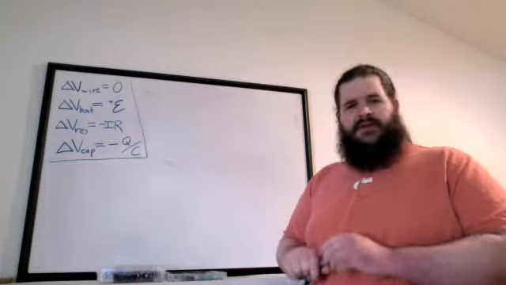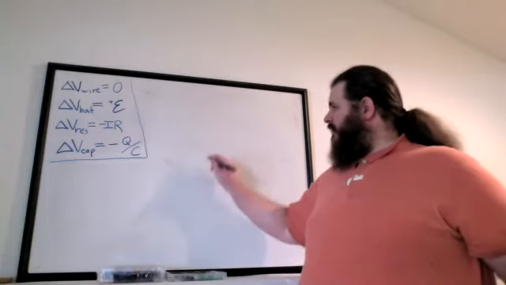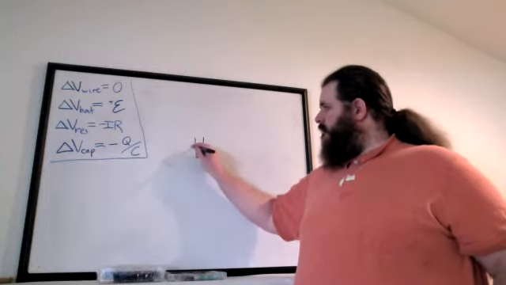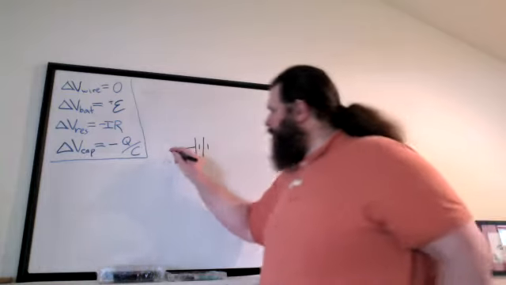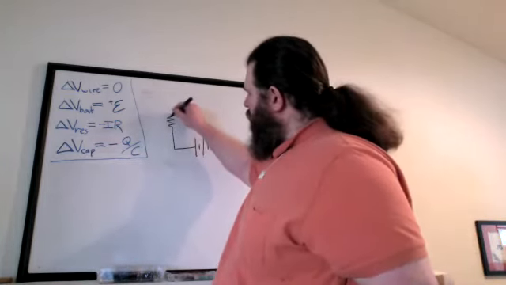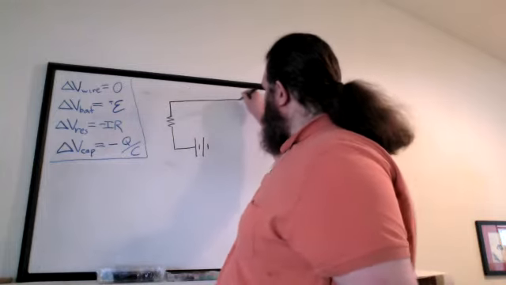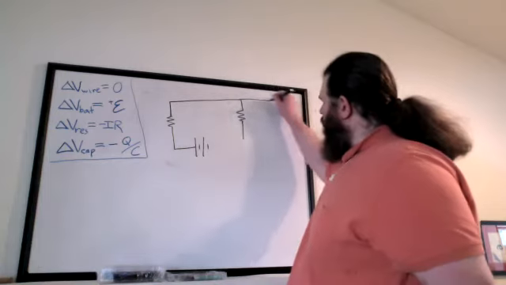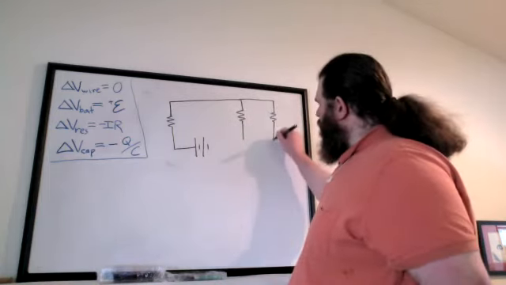For example, let's say we have a circuit consisting of a battery that is connected to a resistor here, and then a resistor here, but also this splits off and there's another resistor here.